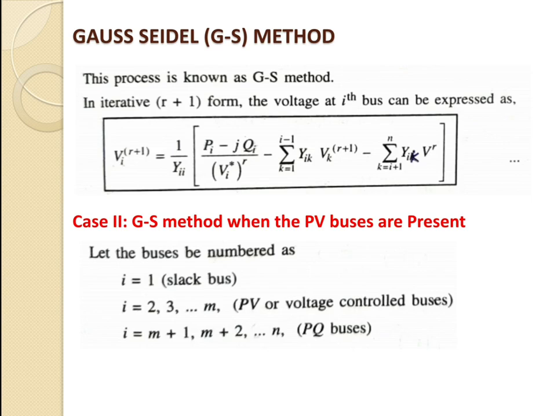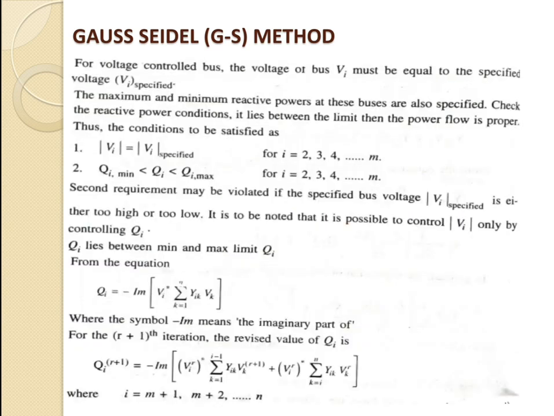Let the buses be numbered as follows: i equals 1 is the slack bus; i equals 2 to m is a PV bus or voltage control bus; and i equals m plus 1, m plus 2, up to n is a PQ bus. These are the assumptions we take when PV buses are present in the GS method.